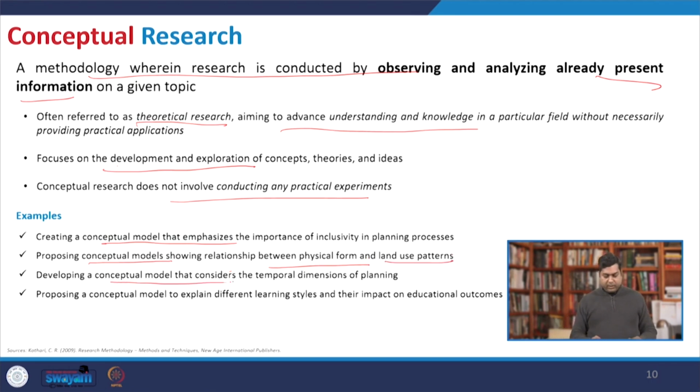Developing a conceptual model that considers the temporal dimensions of planning, the change or the growth that has happened. Proposing a conceptual model to explain different learning styles and their impact on educational outcomes. Again, this is much more concept-based, and there is no practical experiment involved in this.